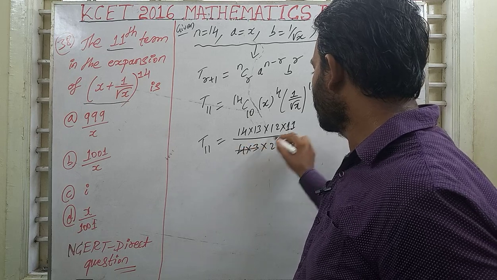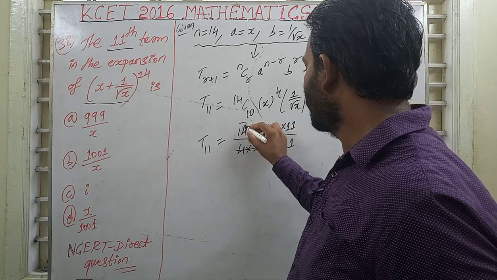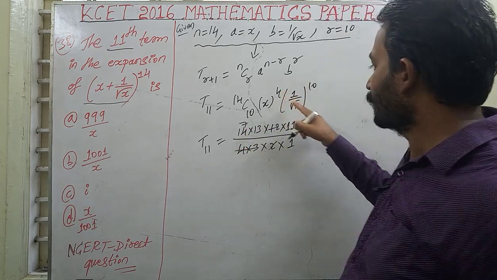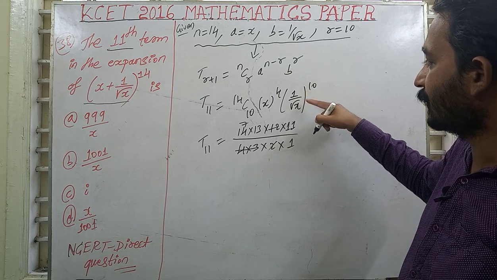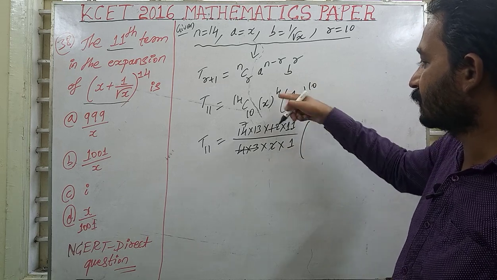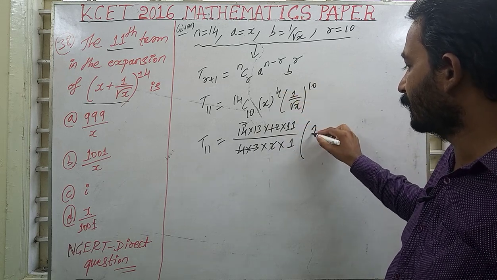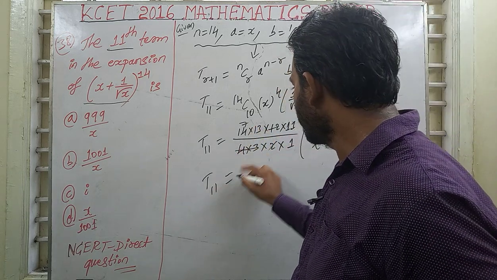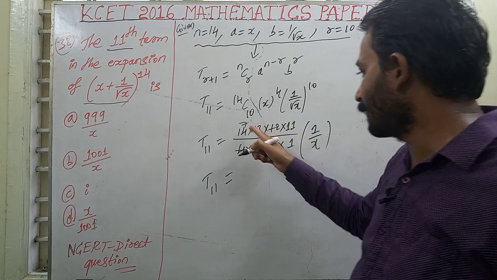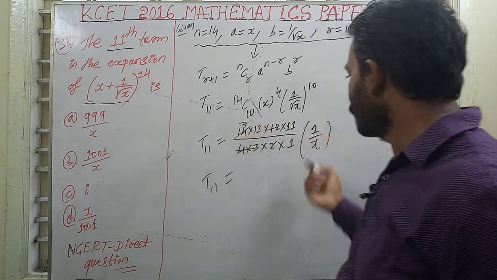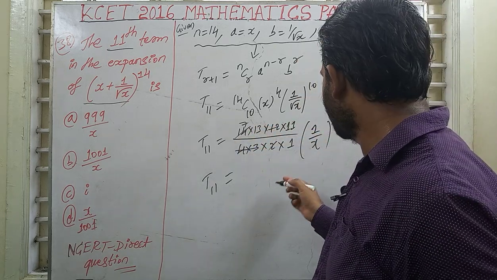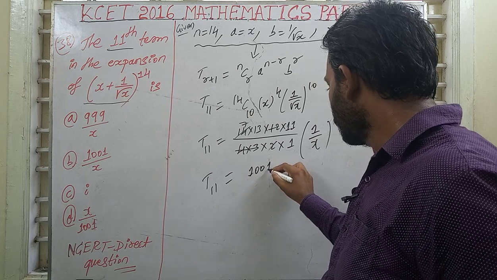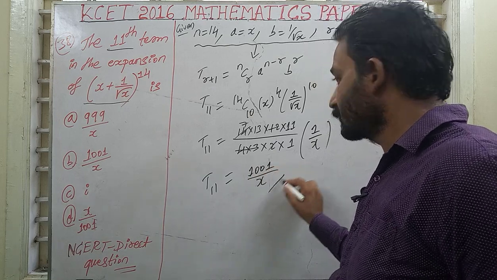So here 4 times 3 is 12, 12 and 2, 7, okay. So here x to the power of 4, and this is x to the power of 10 by 2, nothing but x to the power of 5, x to the 4 divided by x to the power of 5, 1 by x. So in this case the numerator 7 into 13 into 11 is nothing but 1001 divided by x. This is the good answer.